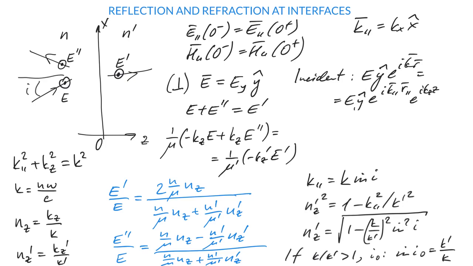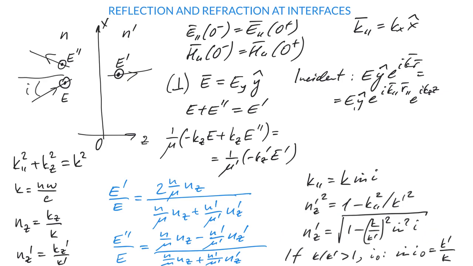In this case in particular, if we look at the expression for E double prime over E, you see that the first term here, the one with nz in the numerator and denominator, is real. But the second part is purely imaginary, because nz prime in the region of total internal reflection becomes purely imaginary.